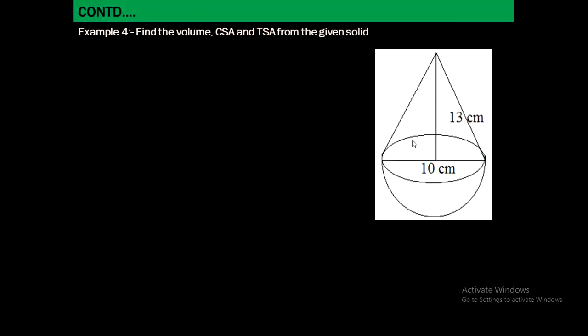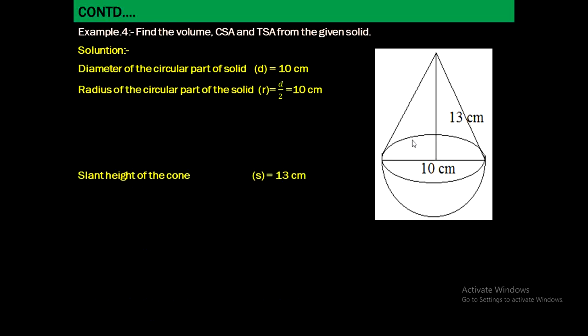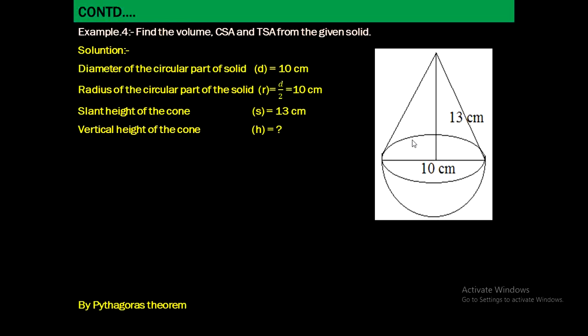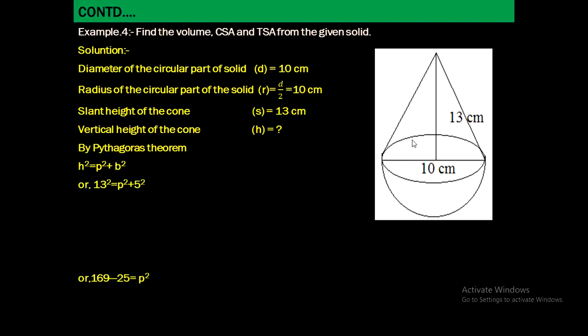Now another question. This is combined figure of the hemisphere and cone. This is given condition. By Pythagorean theorem, H square is equals to p square plus b square. Now use formula and substitute all values.